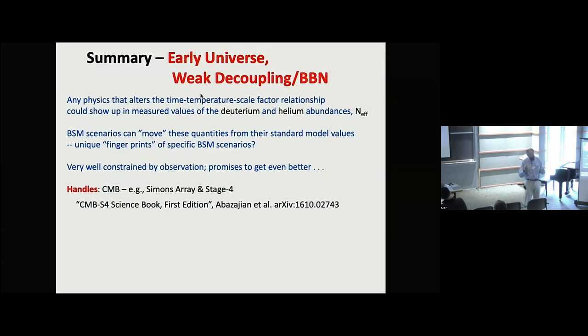There are some papers that a student and I wrote on this, and also one by Cecilia Lunardini and her student, which I find very interesting, where we can actually look at the memory signal from the gravitational wave pulse from the neutrinos or other particles coming out of the core, and learn something about that.